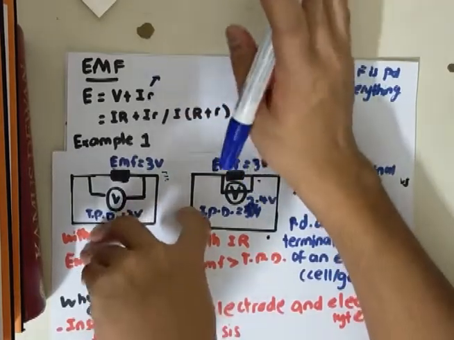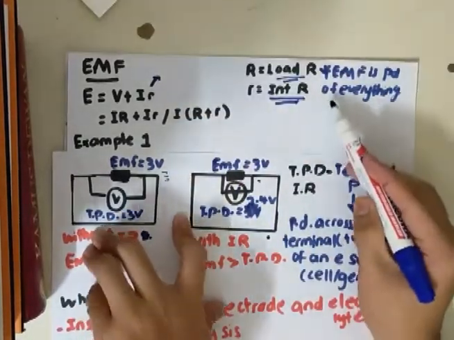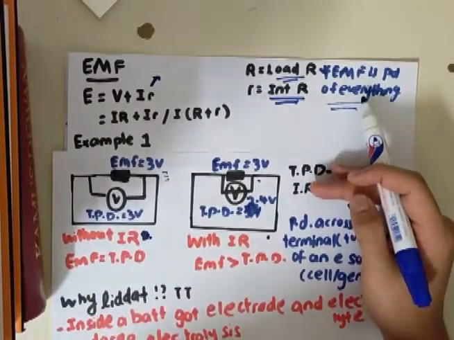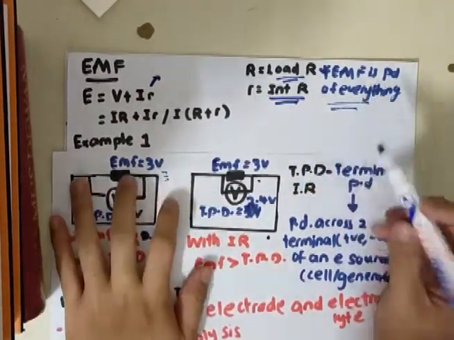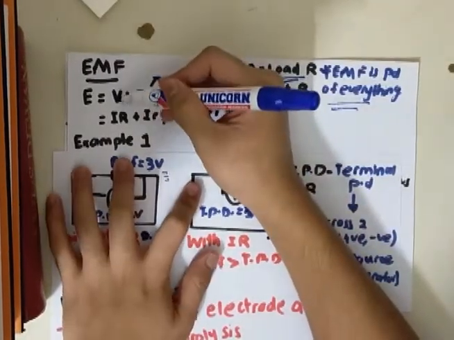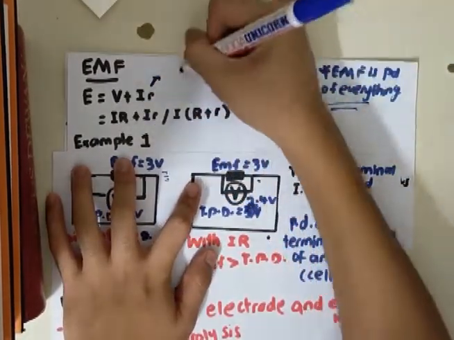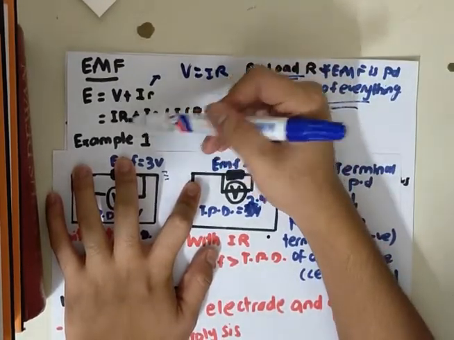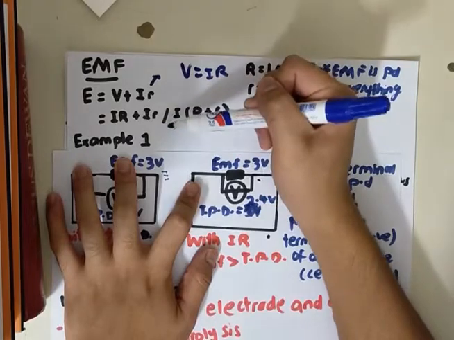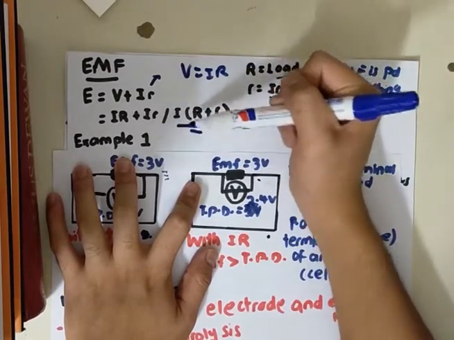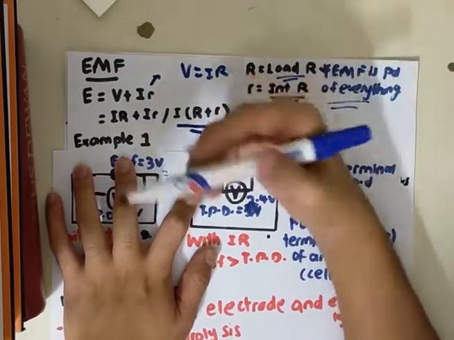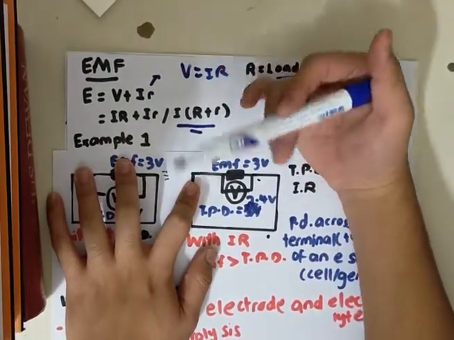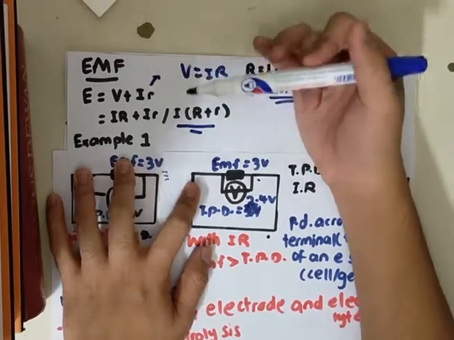Technically speaking, your EMF would mean the potential difference of both the outside and inside of the battery. When you convert V into IR, you get IR plus Ir, which can be simplified into I times (R plus r), because the current would be the same across the inside of your battery and outside your battery.